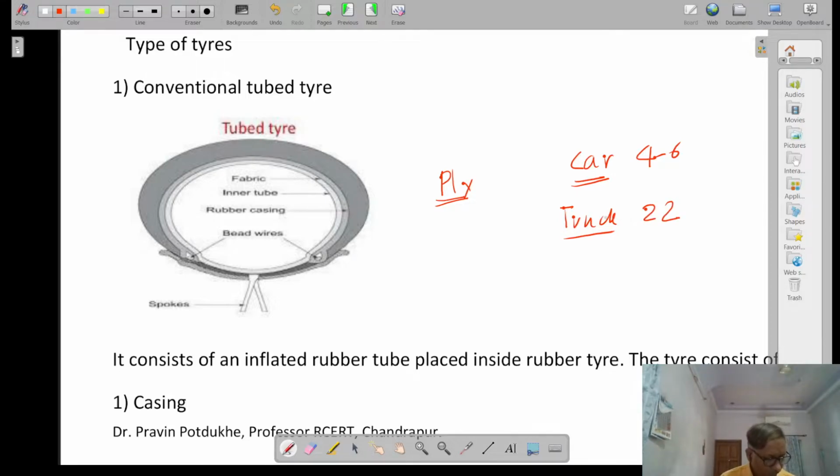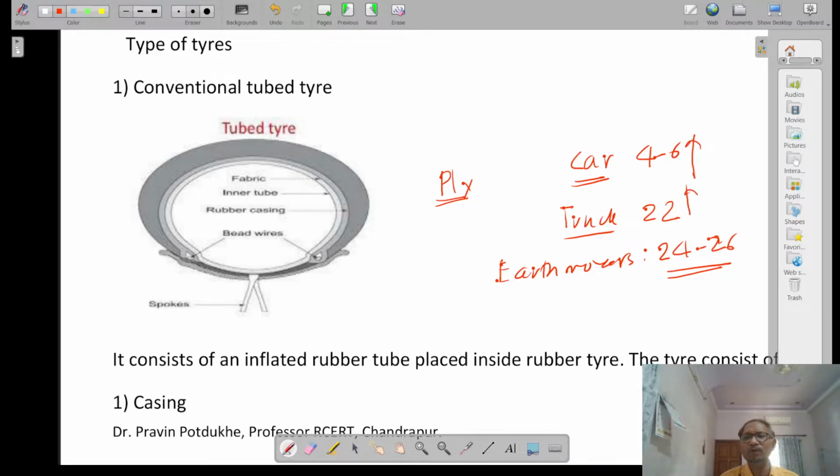Then the earth movers have 24 to 26 plies. So you can understand how the plies increase as the load increases.